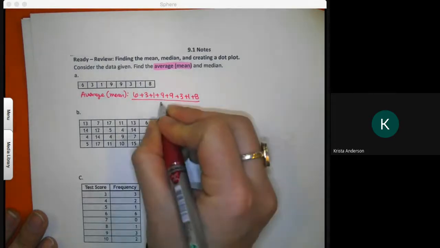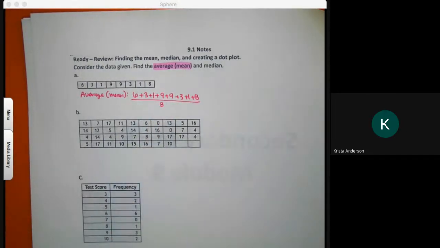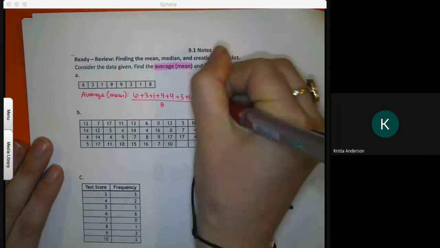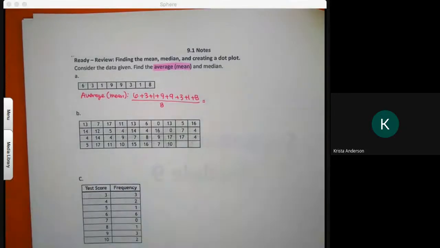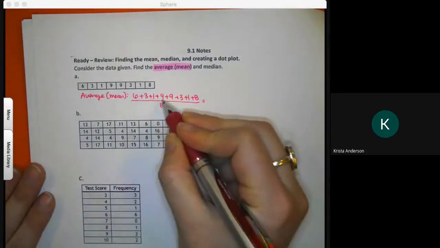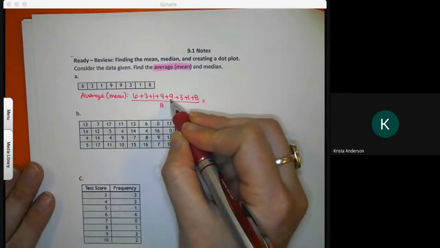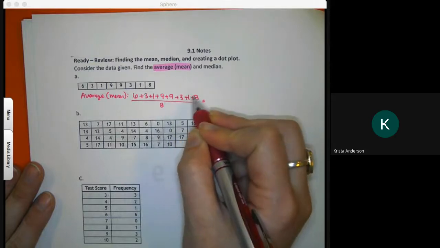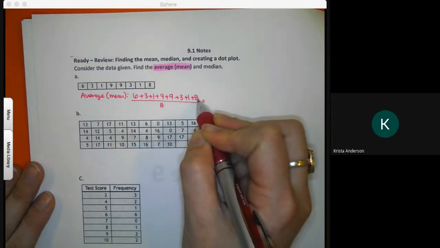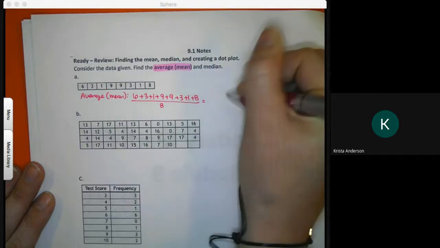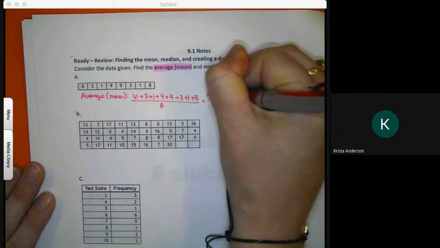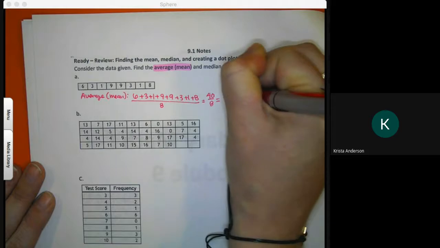8 is correct. There are 8 numbers in my list, so I divide by 8. The sum is 40, and 40 over 8 will give me 5.